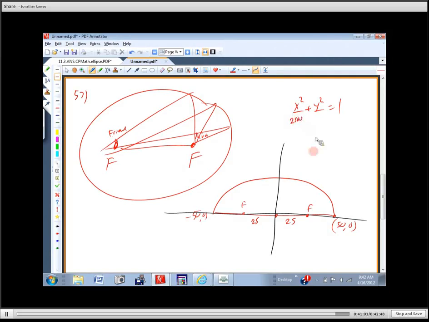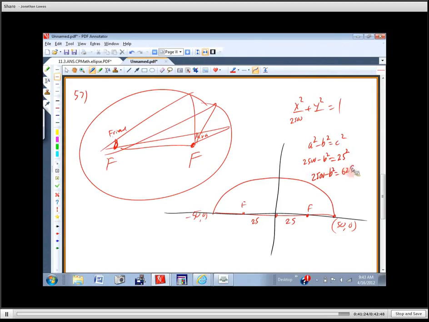How do we figure out what goes underneath the y? Big one minus small one equals c squared. The big one is 2,500. How much is c? 25. So that's going to be 25 squared. So that's 2,500 minus b squared equals 625.